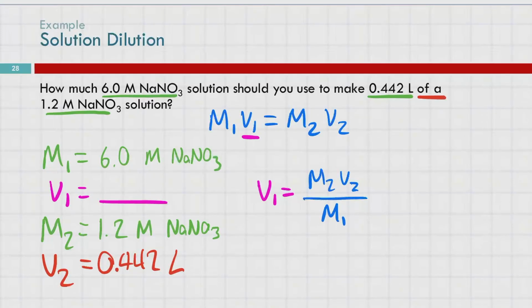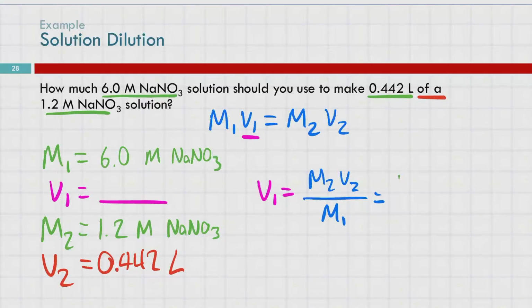We can tell this is going to work out with the correct units because we've got a molarity on the top and a molarity on the bottom. Those have the same units, so they will cancel out. We've got a volume on the top, so we're going to have volume units for our V1. If you somehow ended up with all of them on top, your units won't cancel out. So that could be a way you could check.